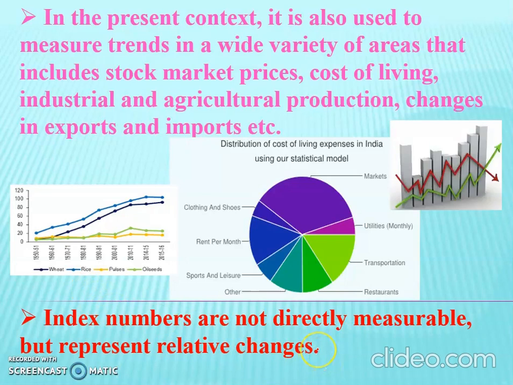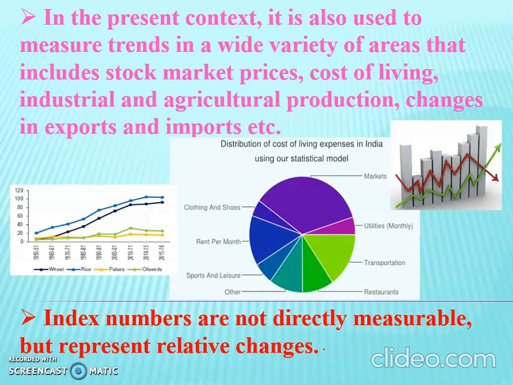This is the introductory part that we already learned. By this introductory part we come to know that index number is a statistical tool. It helps us to calculate the changes in prices or economic variables over a period of time.